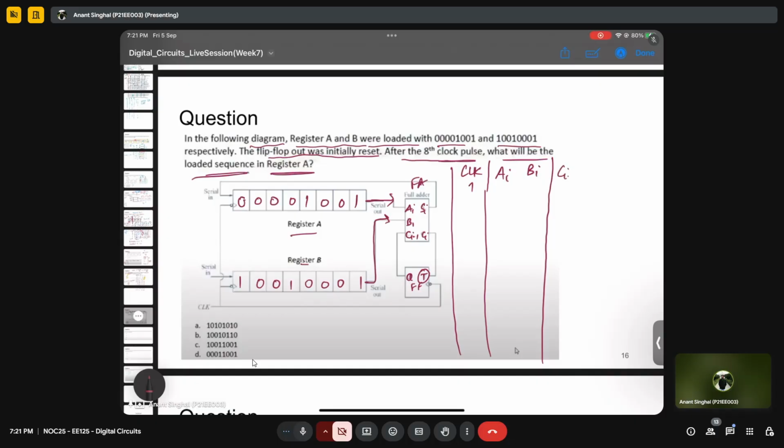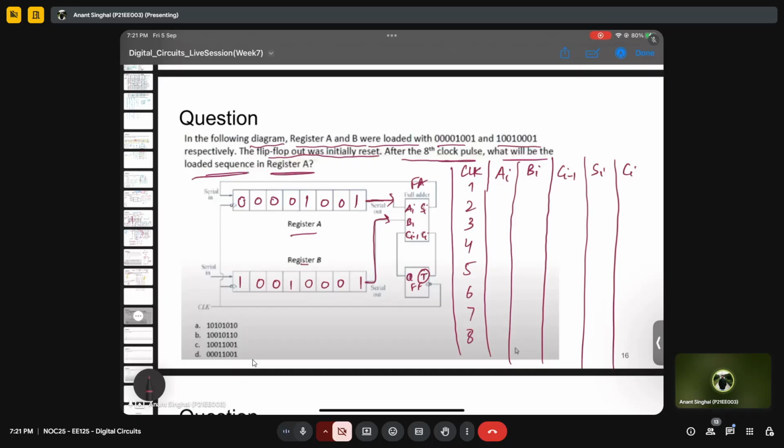There could be a CI minus 1, which is the third input, then the sum and carry. So let's do after 8 clock pulses: 5, 6, 7, 8.